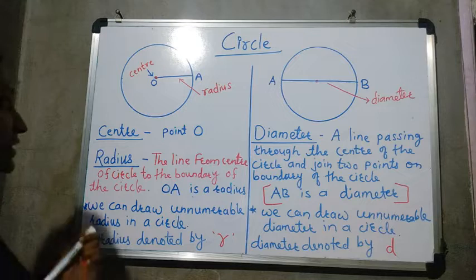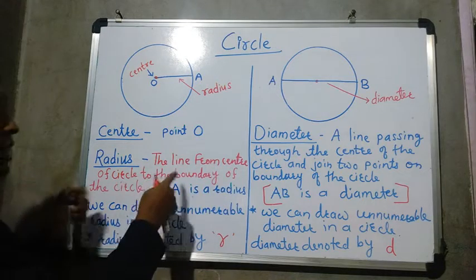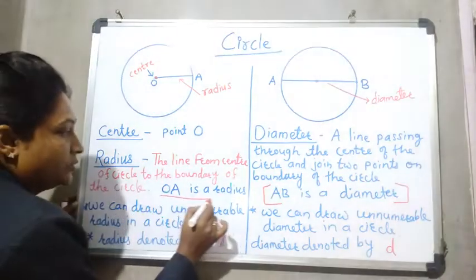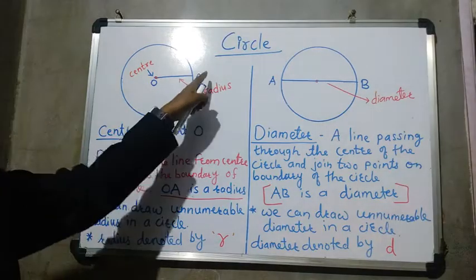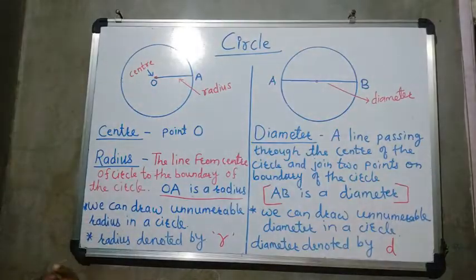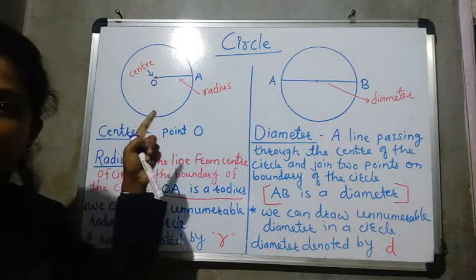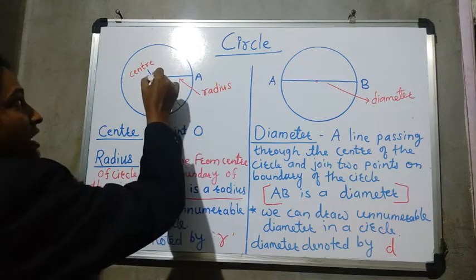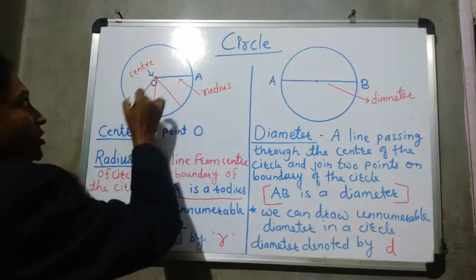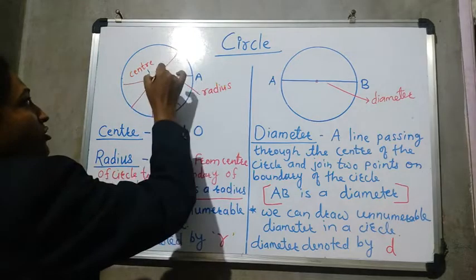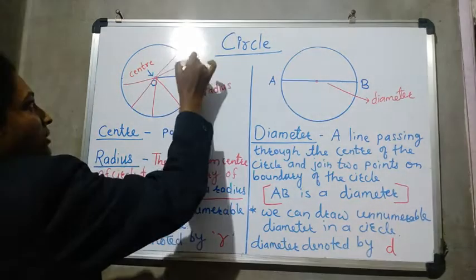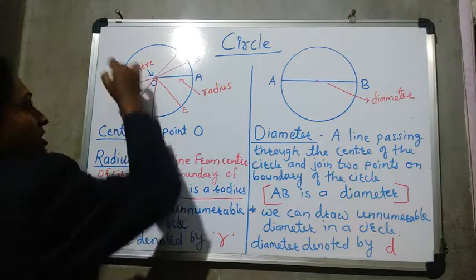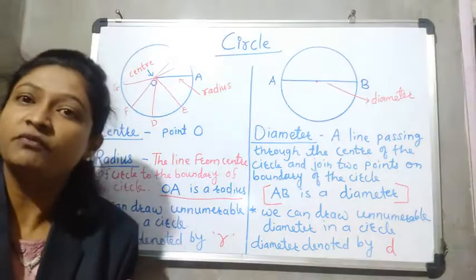And we can draw innumerable radii, because from the center of the circle we can draw many radii. You can give names also, like C, D, E, F, G. Many radii you can draw in one circle.